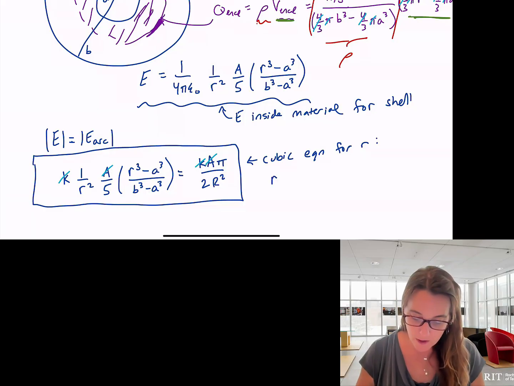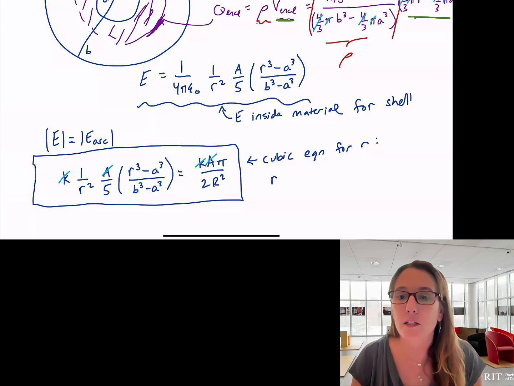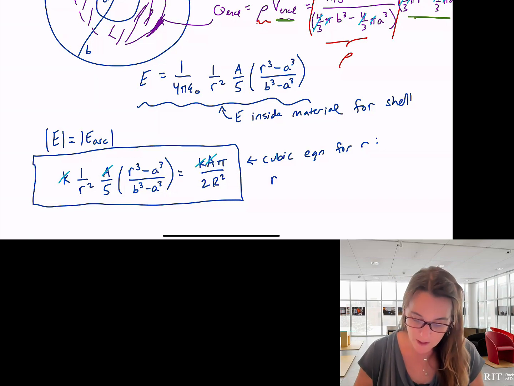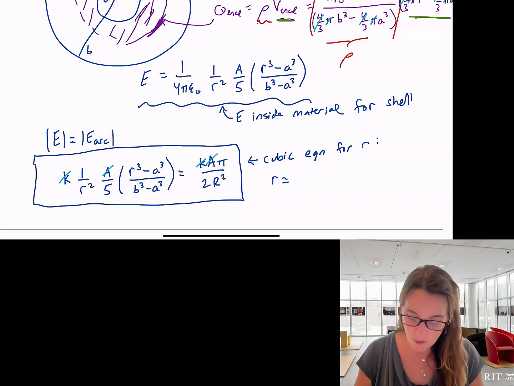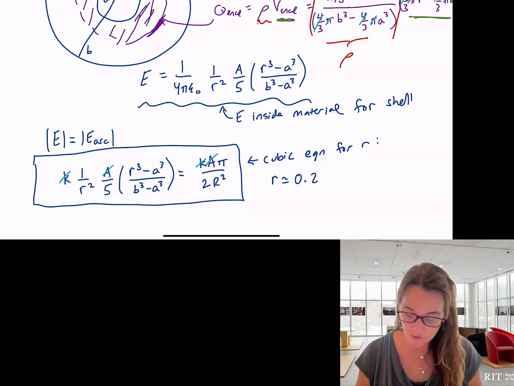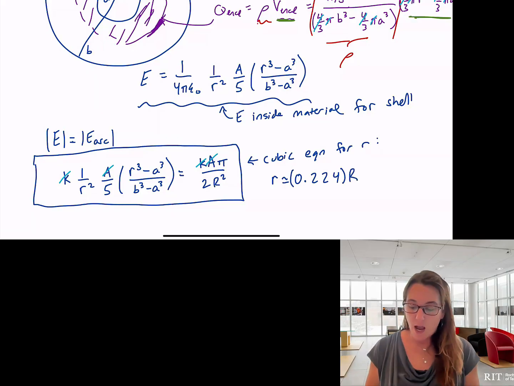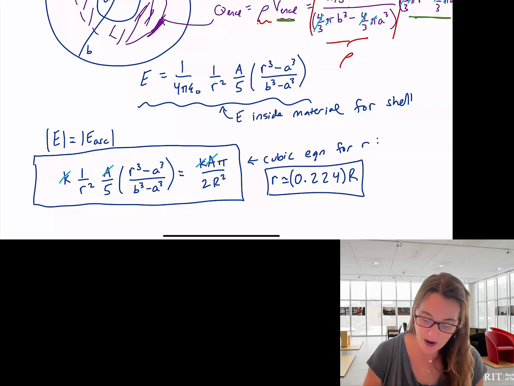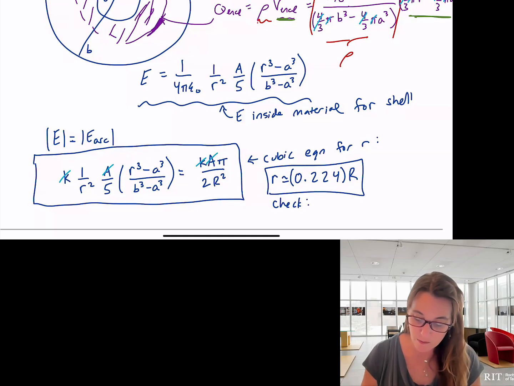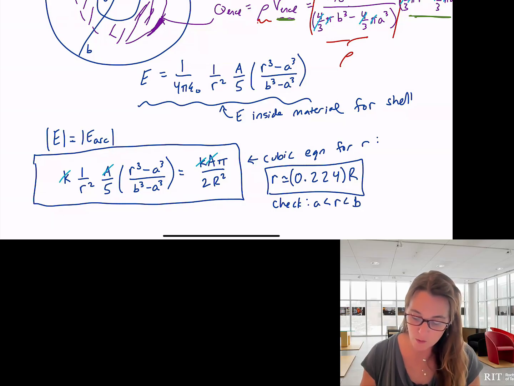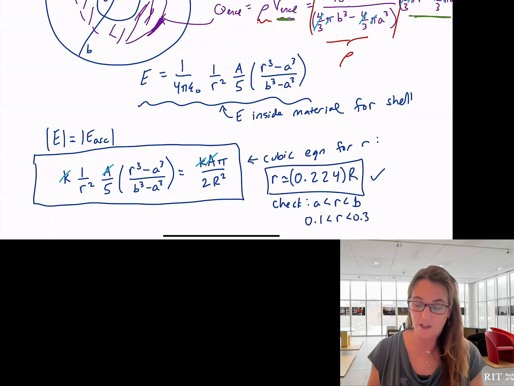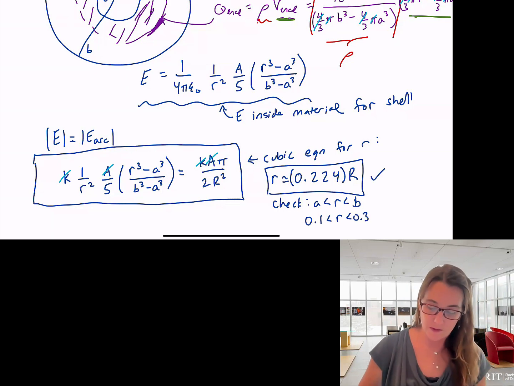And when you solve this, you end up with r, in this case, being approximately equal to 0.224 times R. And we can check that this is in fact in between our inner radius and our outer radius, because we know that that's from 0.1 to 0.3. So it is in fact inside the material as expected.